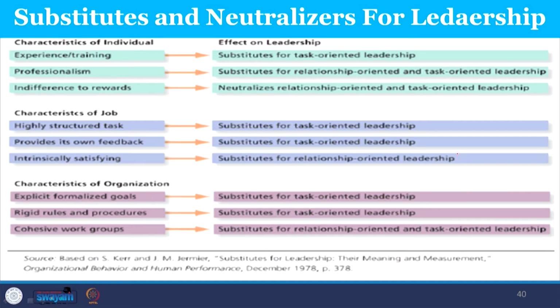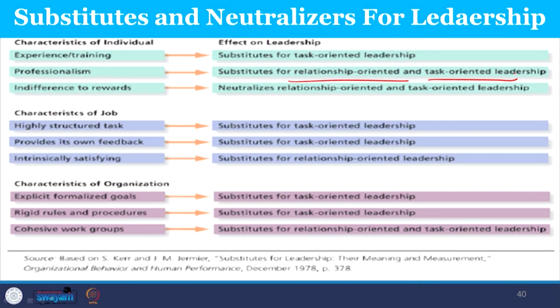When the subordinates are not experienced and need training, leaders should adopt a task oriented leadership style. Professionalism: when the individual subordinates are highly professional, the focus of the leader should be relationship orientation and also a task oriented leadership style.